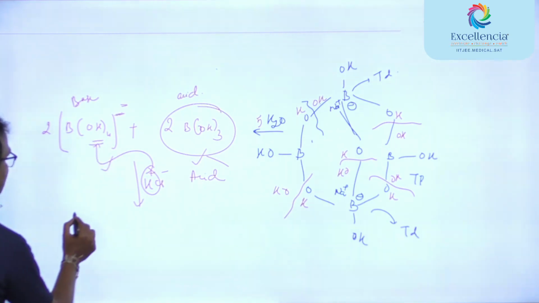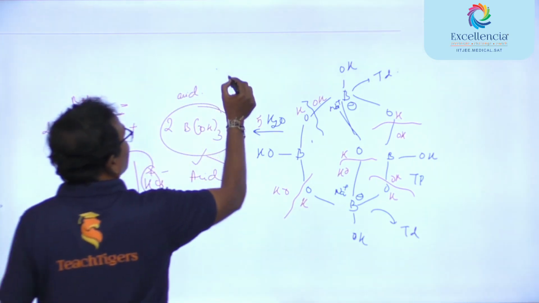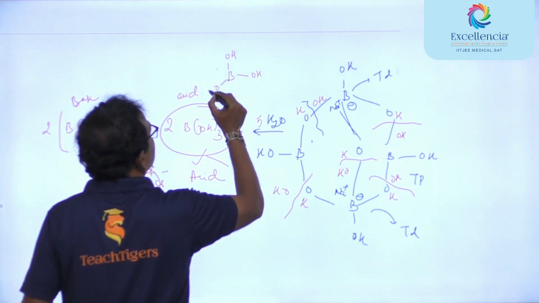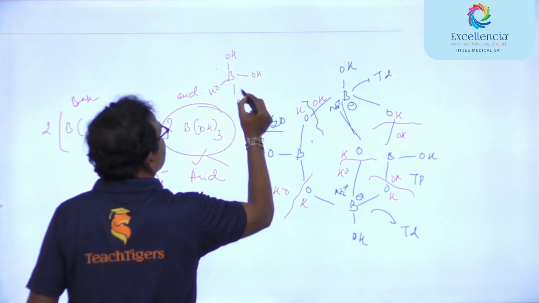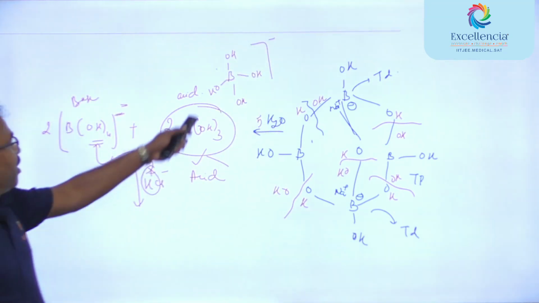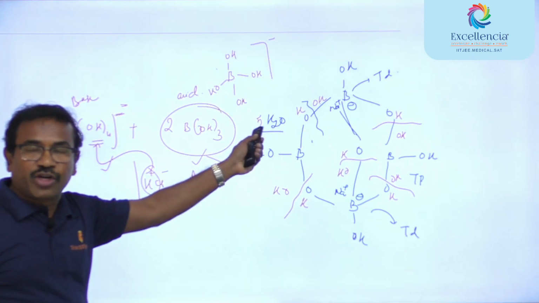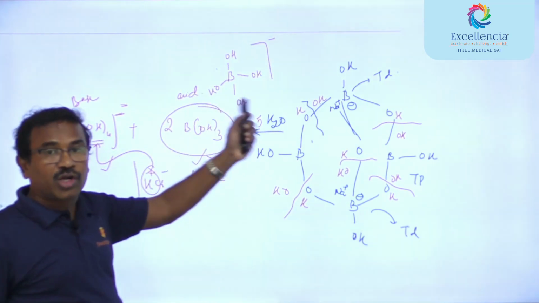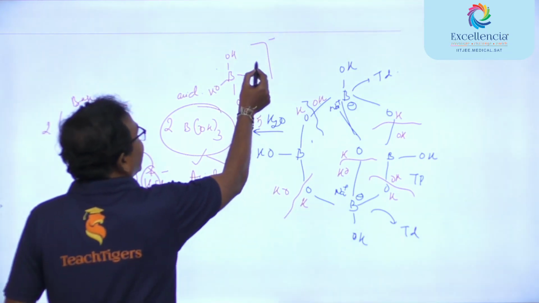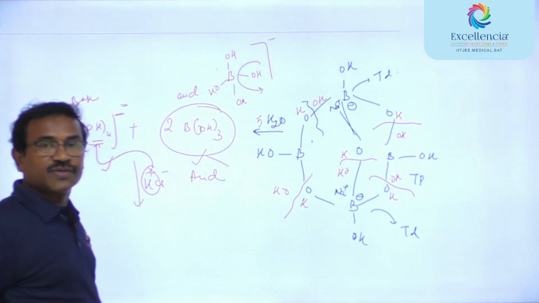Why is this a base? If you look at the structure, B with OH, OH, OH, OH. All the bonds are saturated. There is no need for boron to accept lone pair electrons. In fact, there is a possibility it can lose this OH minus.